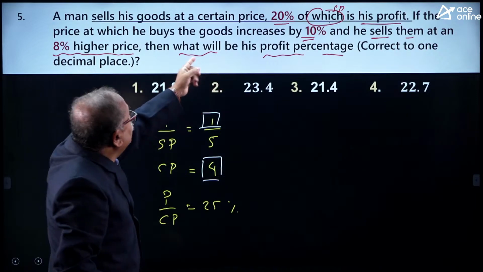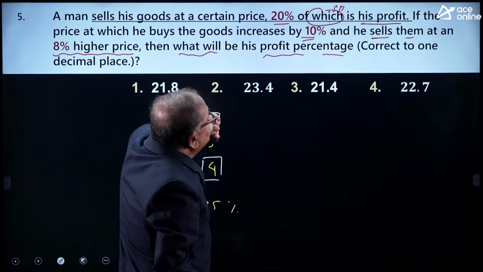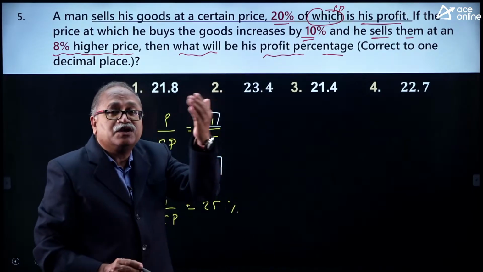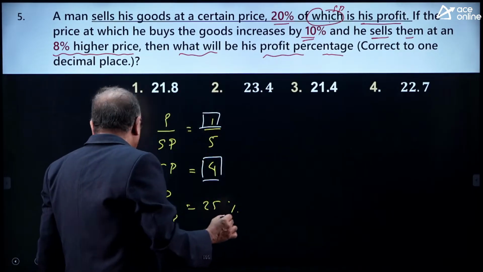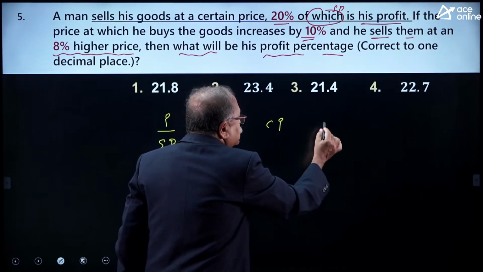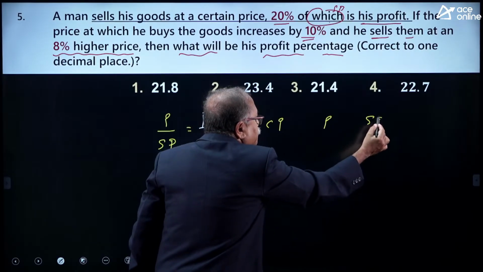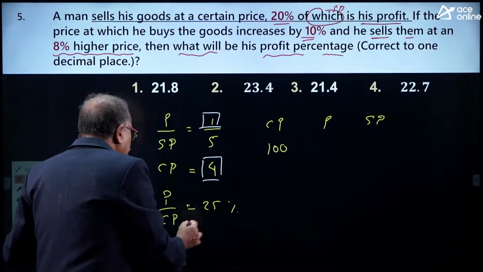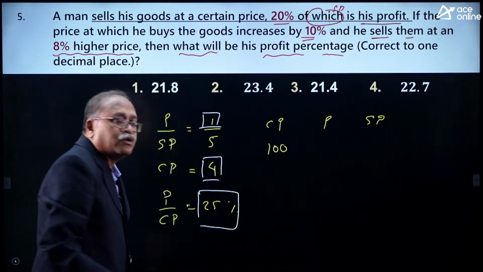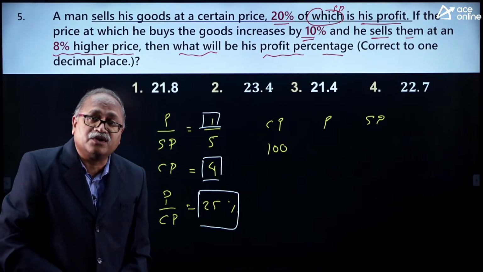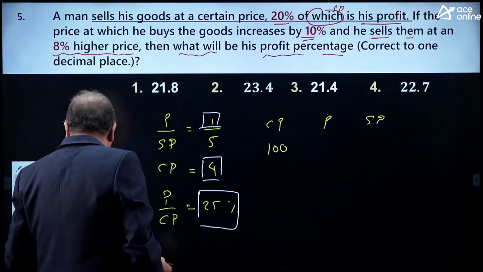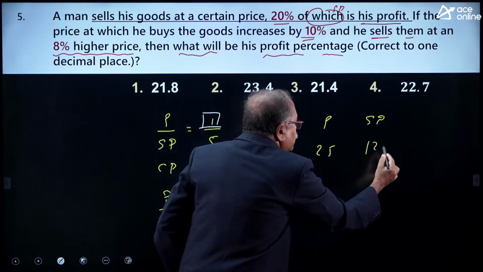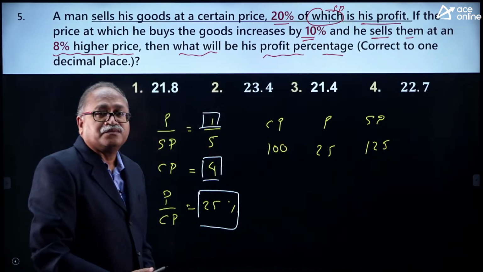Now, what is my requirement? Here it says that he buys the goods at 10% more. So, this is cost price, this is profit and this is selling price. If 100 is the cost price, we got a profit percentage of 25% on the cost price. So, here I will take 25 as profit and the selling price is 125.